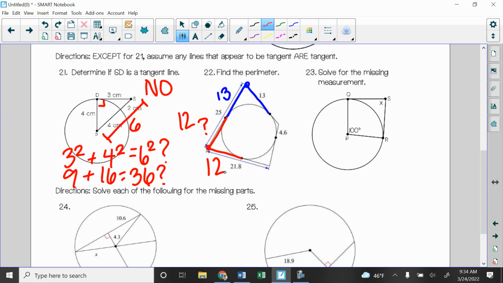How could you find this part here? Subtract 12 from 21.8. 9.8. If this is 9.8, this is 9.8. And then again over here, 4.6, 4.6. To get perimeter, you're just going around and adding all the numbers together, and I think it's 78.8. Was that correct? Yeah.